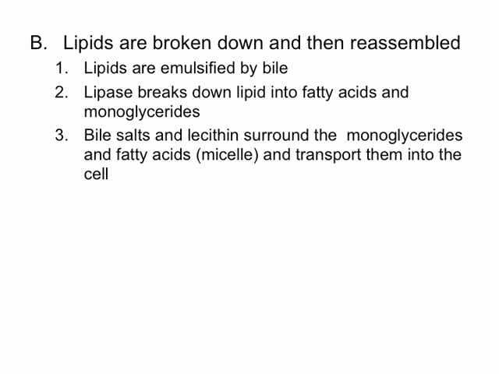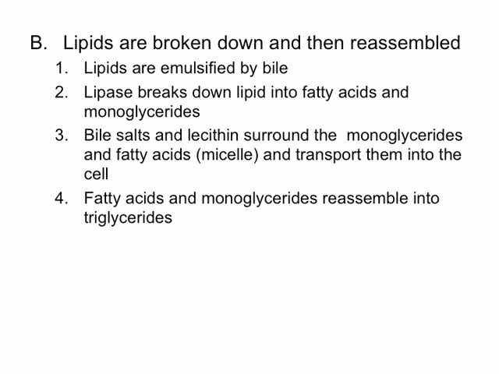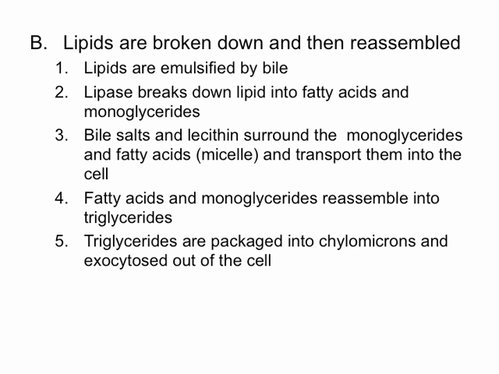The bile salts and lecithin then surround the monoglycerides and fatty acids, forming something called a micelle. That's able to be transported into the cells of the wall of the intestines. The fatty acids and monoglycerides then reassemble into a triglyceride, and those triglycerides are packaged into something called a chylomicron.